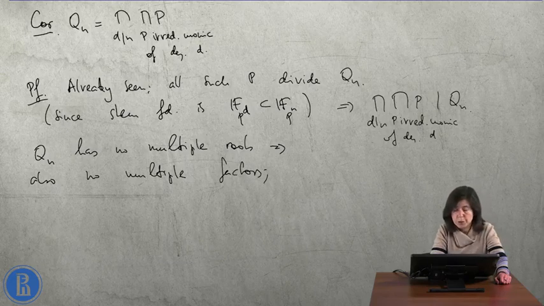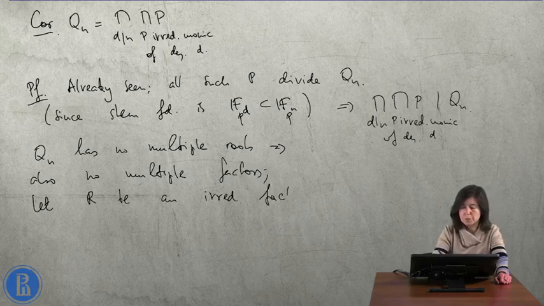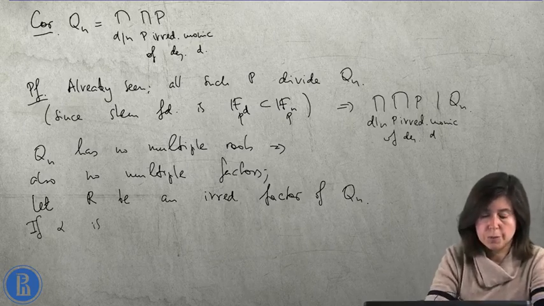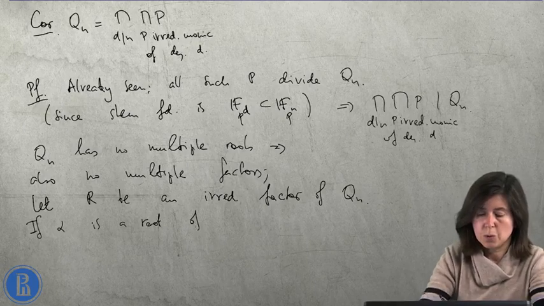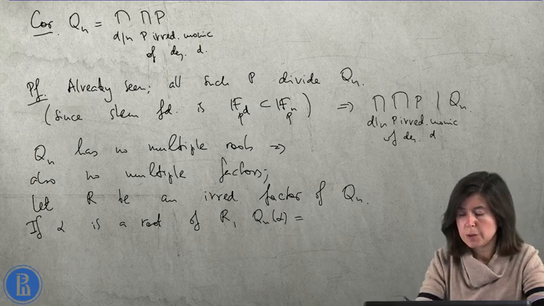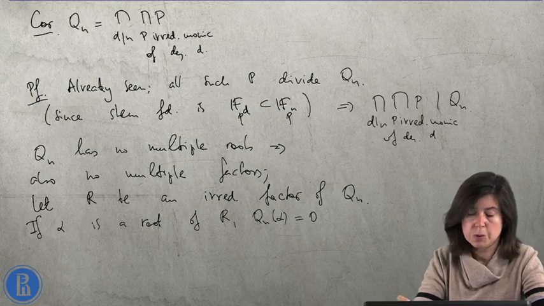And then what remains to prove is that there are no other irreducible factors of q_n. So let R be an irreducible factor of q_n. Then if alpha is a root of R, q_n of alpha is 0, of course.